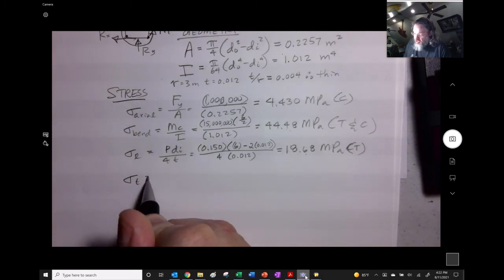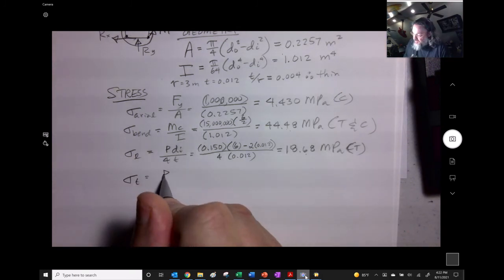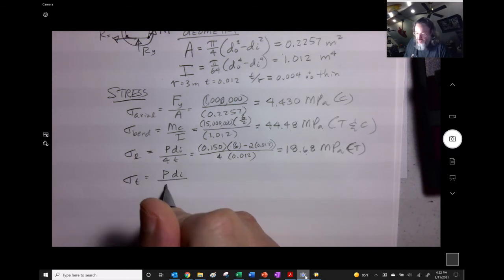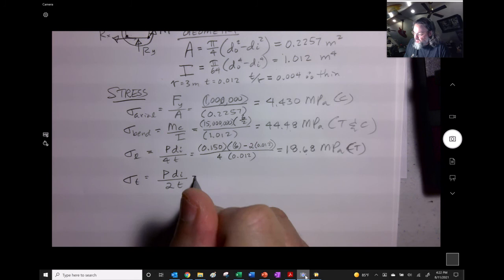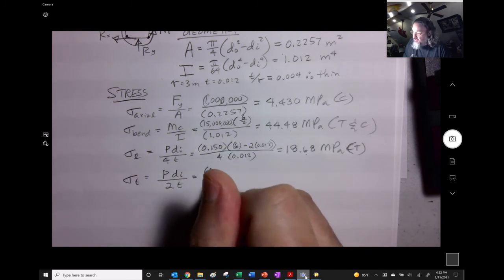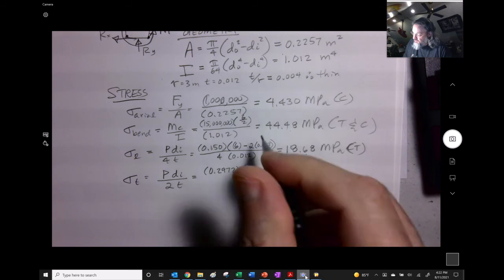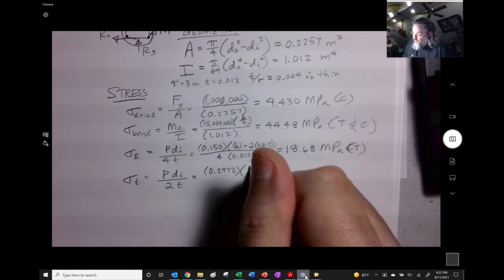For tangential, it's P DI, this is the average, over 2T, right? But got to be careful here. It's a 0.2972 times my, what did I say?